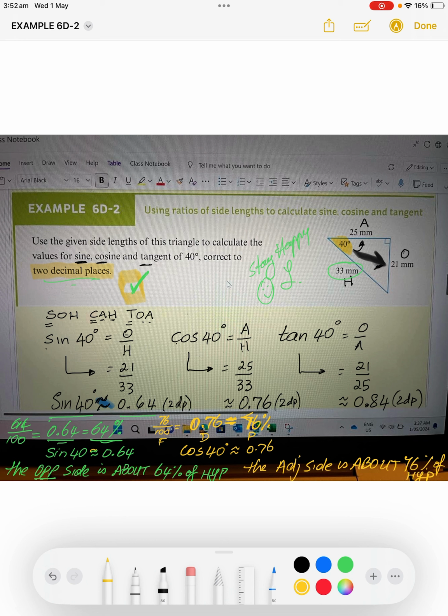And that's every right angle triangle. If the angle is 40 degrees in one of the corners, then from that 40 degrees, the adjacent side will be, no matter how big or small, about 76% of the hypotenuse. And on the calculator, if you find out 76% of 33, which is the hypotenuse, 0.76 times 33, you get about 25. And yes, you can see that the adjacent side is 25.